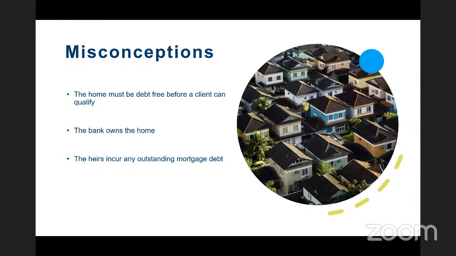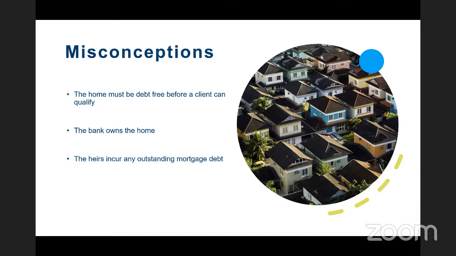Now, you just heard me speak to this a moment ago. Oftentimes, just getting rid of the obligation of that mortgage payment can be reason enough for a borrower to look into a reverse mortgage. So the borrower can indeed have an existing mortgage on the home, but the lien must be paid off prior to or even at closing, which is very typical, using the funds from the reverse mortgage.